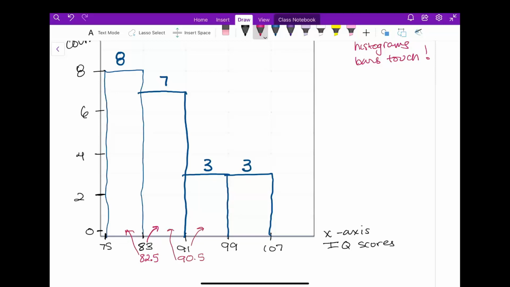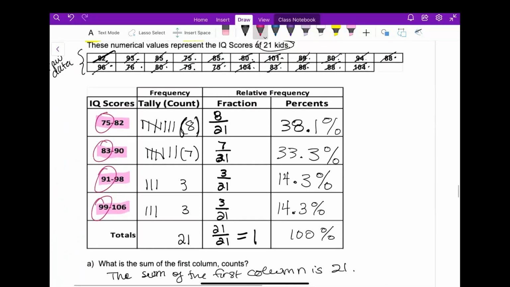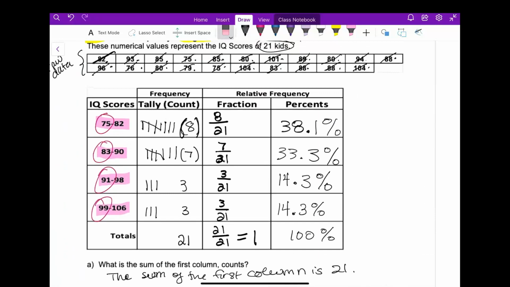Can this cause a little bit of confusion? Yeah, I agree with you if you're thinking, I'm confused. Why would she show me this? I want you to be aware that sometimes things are taught differently, and this is one of them. If your instructor is deciding to use a 0.5, then that means that your 82.5, and if you go back to your 82, it's not something that fits either here or here.